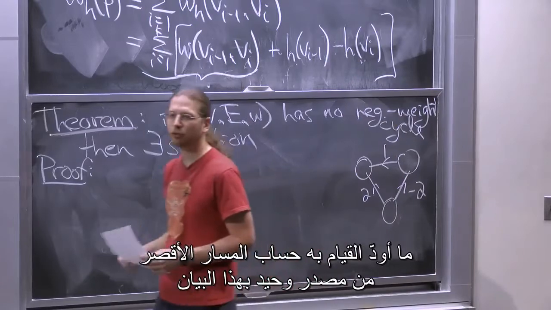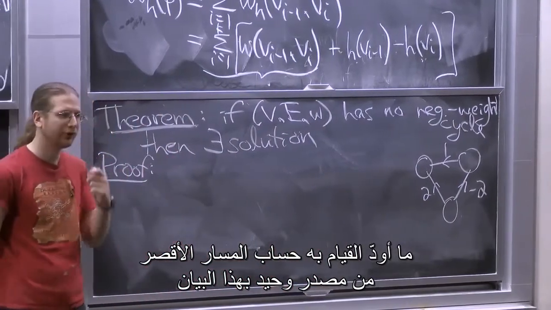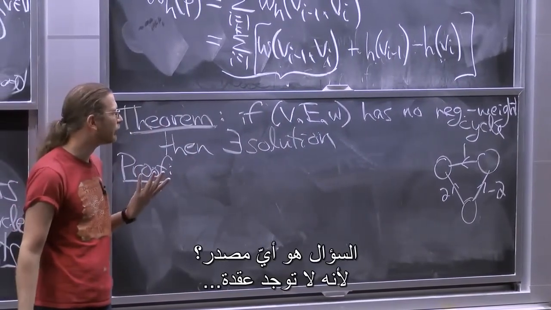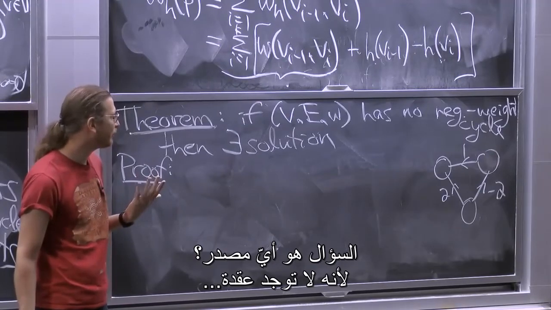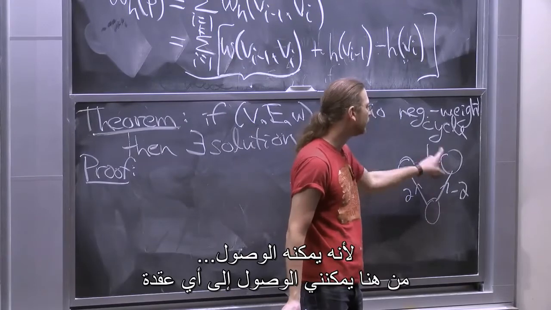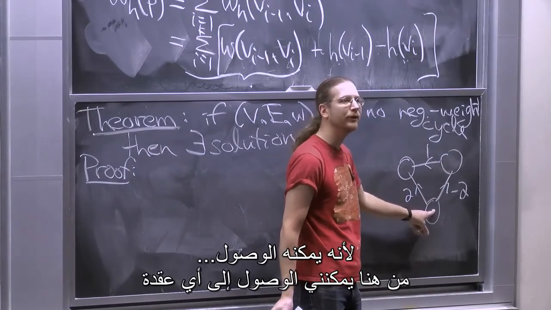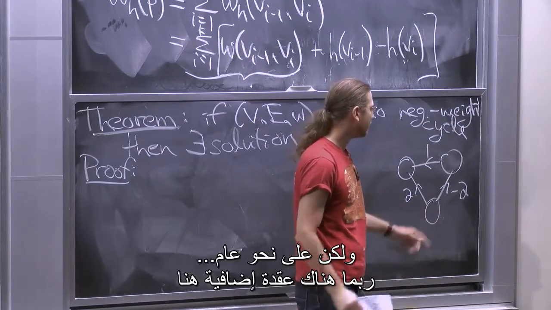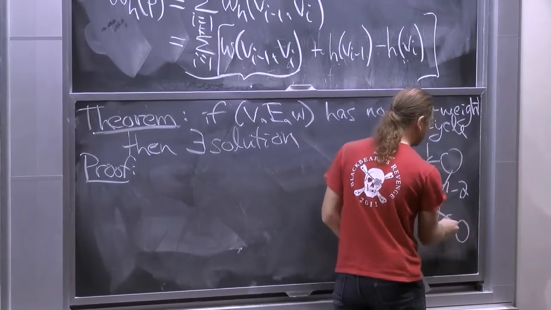What I'd like to do is compute shortest paths from a single source in this graph. The question is which source. In this case, this would be a pretty good source because from here, I can get to every node. But in general, maybe there's another vertex here.